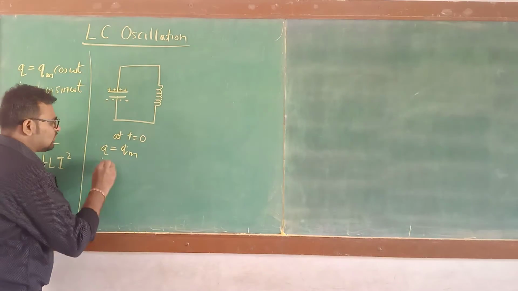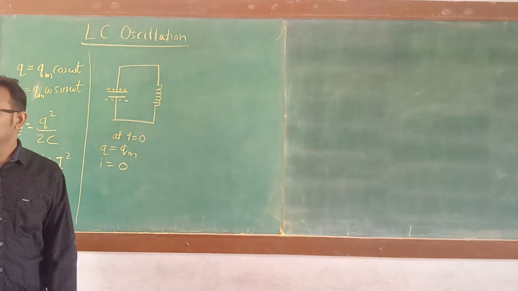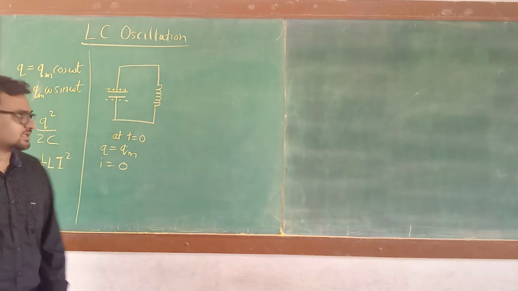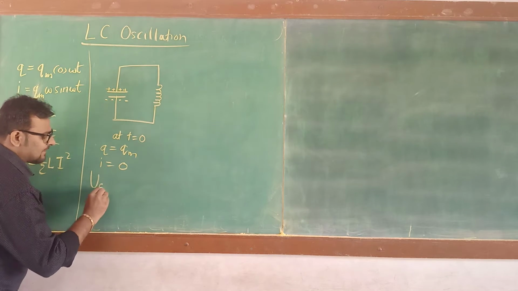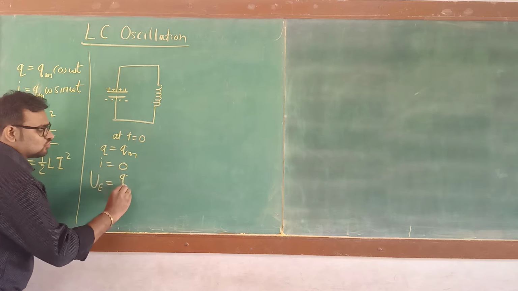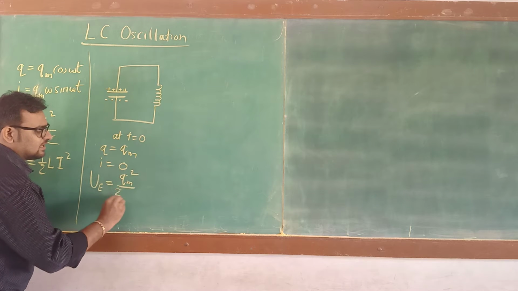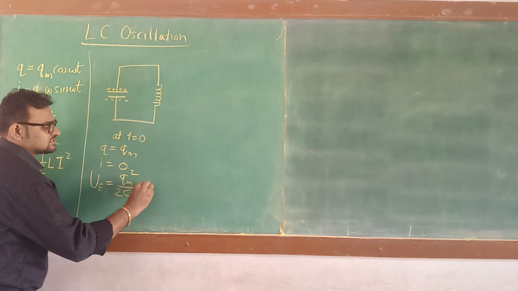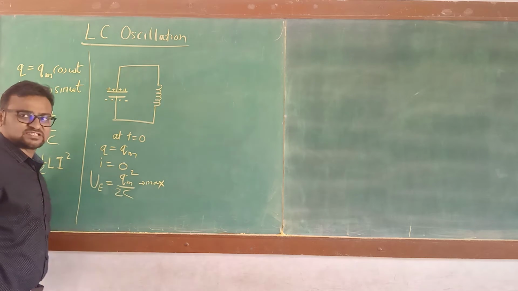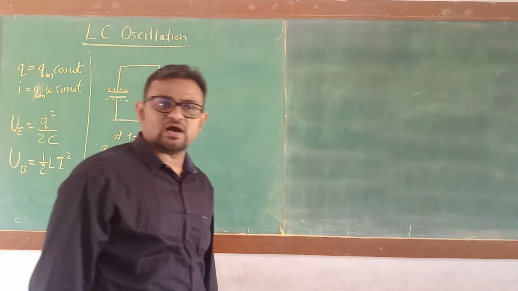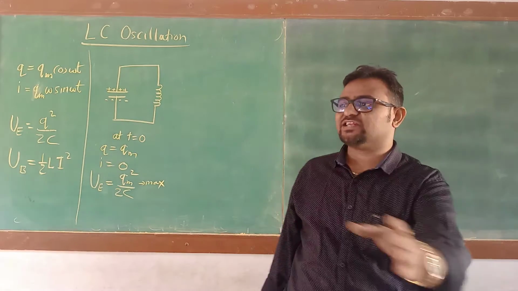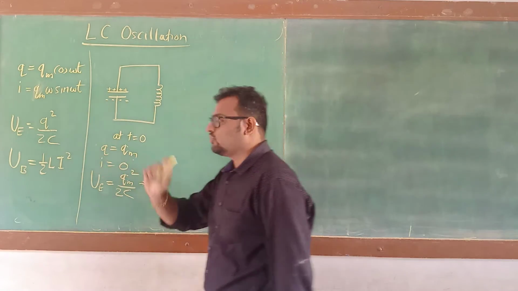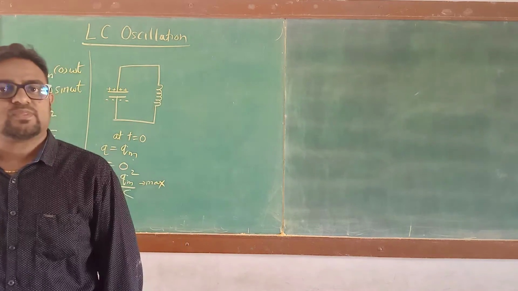So the current I is equal to 0. Now in terms of energy, the energy stored in the capacitor, Qm square by 2c, is maximum. Why? Because the charge is maximum, Q is equal to Qm.